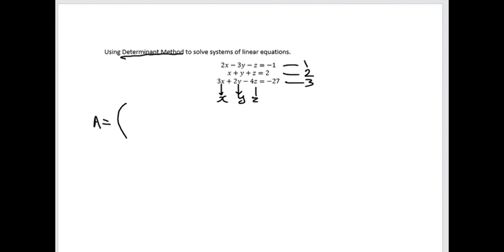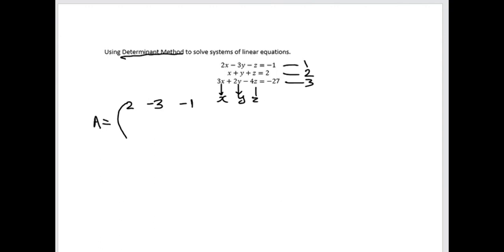So first I'll pick out the coefficient of each variable here. On my first row I have 2, minus 3, minus 1, which is the coefficient of z, as we know.